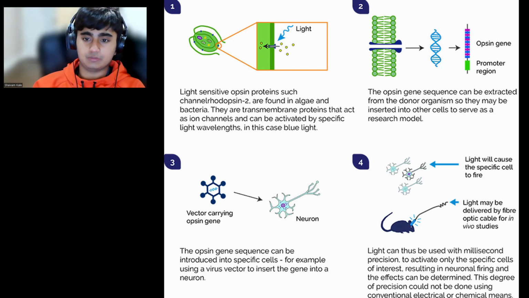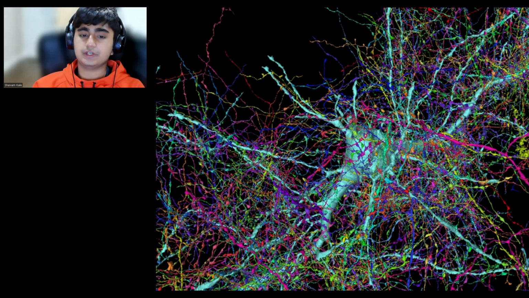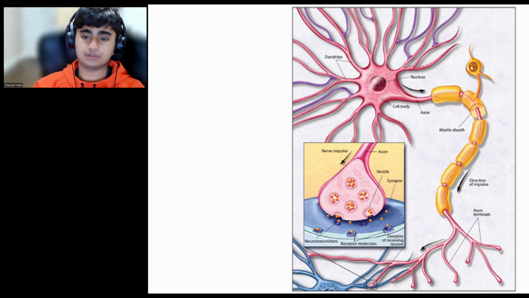Well, we have to consider what we know about neurons. Neurons are a type of cell in the brain that communicate via electrical and chemical signals.